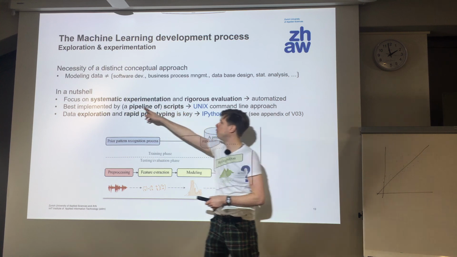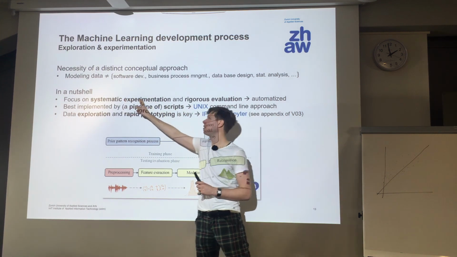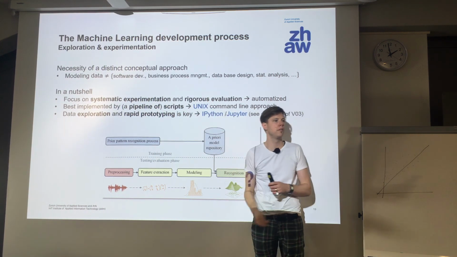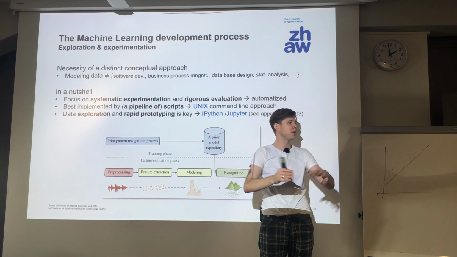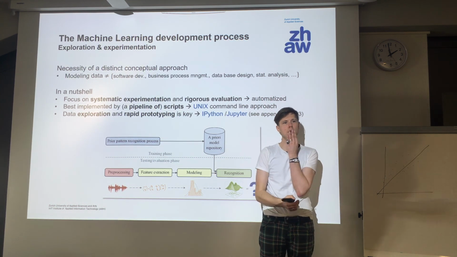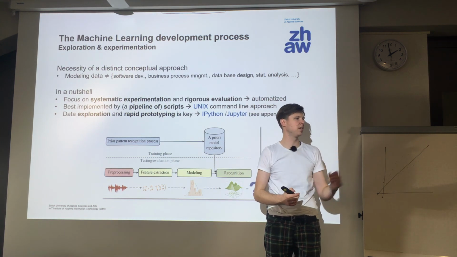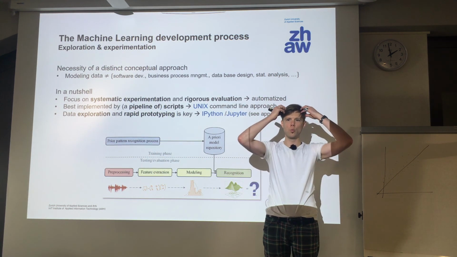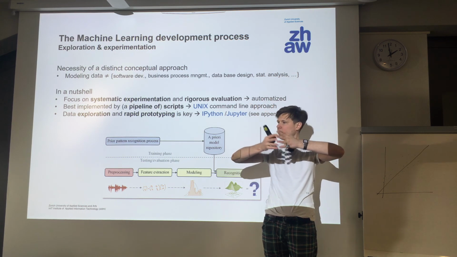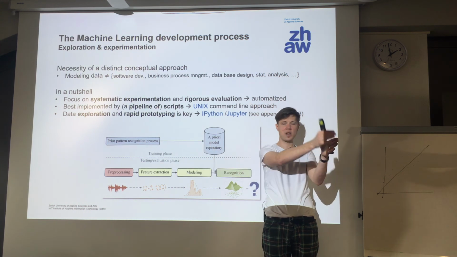And then you focus on systematic experimentation and rigorous evaluation. Systematic means you don't just try something and then think, oh, okay, let me try something else. You do it systematically. You think about what you want, what might be a valid model, and you try the different options.